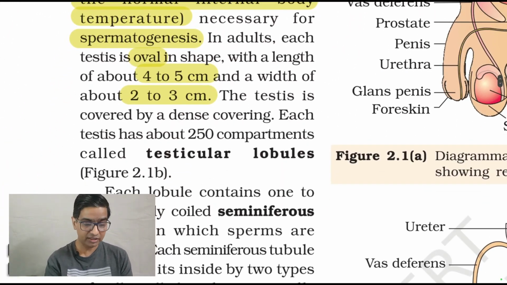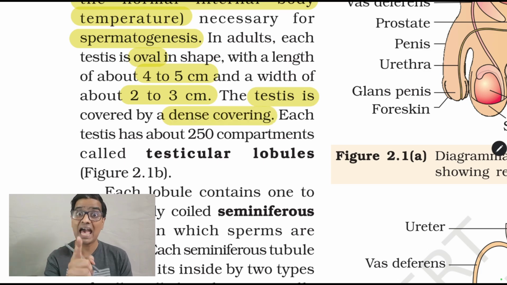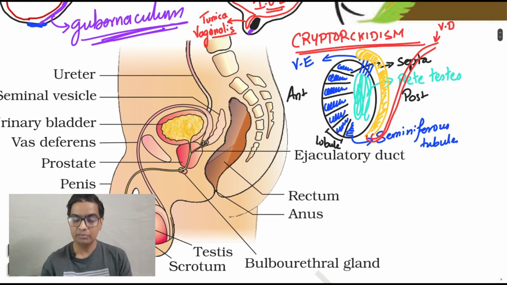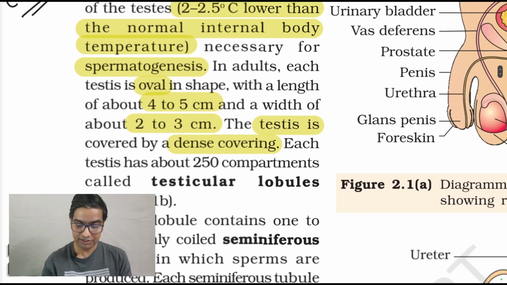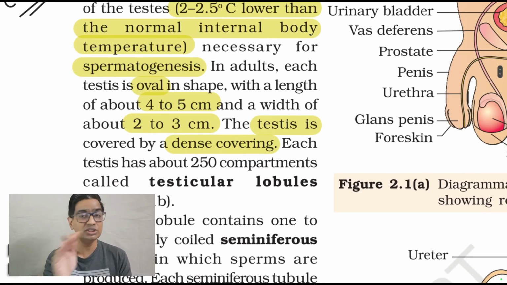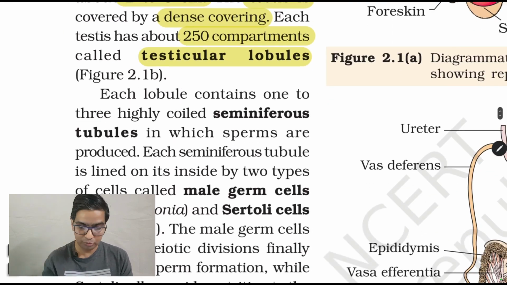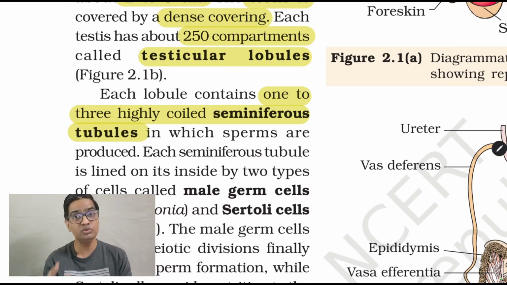Now the question is, MCQs, what you need to study. Each testis is covered by a dense covering called the tunica albuginea. This black layer will be called the tunica albuginea. The tunica albuginea has made partitions from the anterior to the posterior side, creating around 250 compartments called testicular lobules, and in each lobule you will have 1 to 3 highly coiled tubes called seminiferous tubules, in which sperms will be formed.